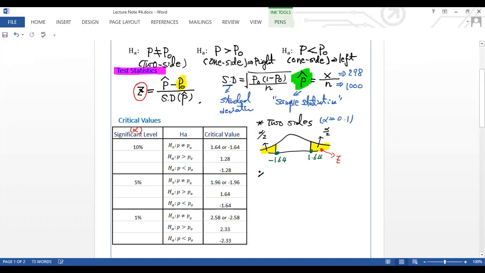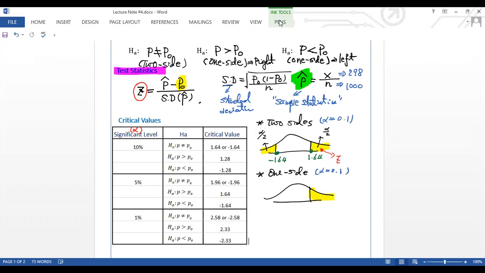At the same time, for the one-sided test, let's still assume alpha is equal to 10%. So we know how to use the table here. If it's one-sided, the right-hand side, remember right-hand side means greater than.